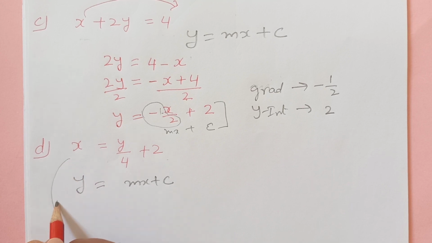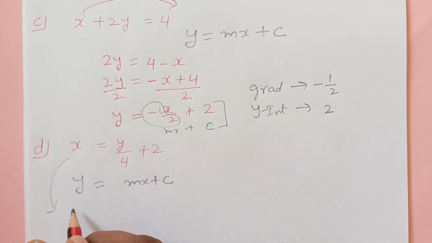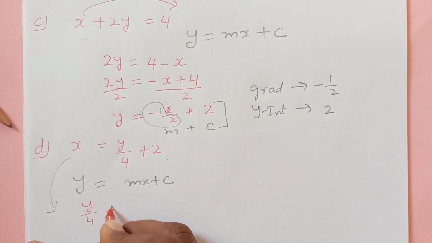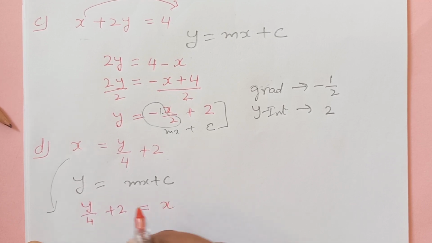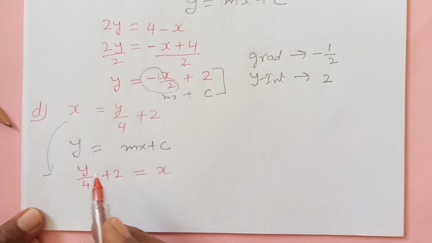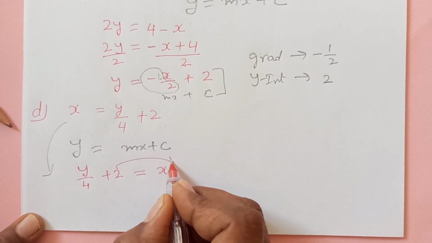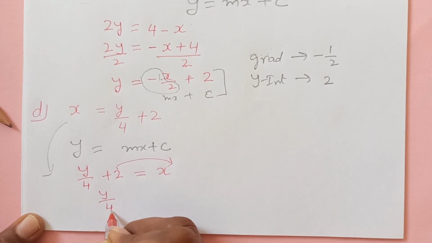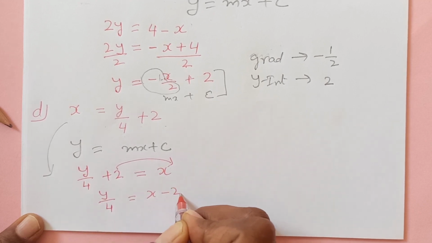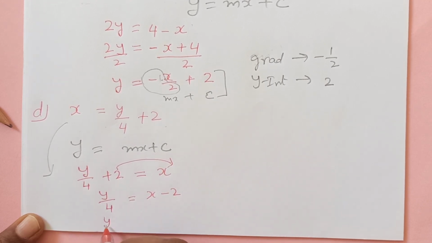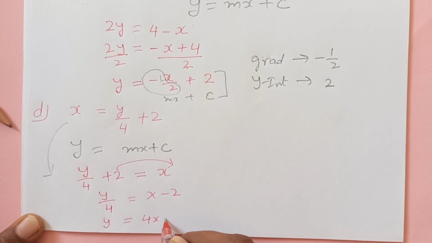I can just write it down with the left hand side first, because we need y and we have x. So I just swapped the sides, no sign change. Then we will move one by one. Y over 4 is equal to x minus 2. Now you multiply this 4 to the other side. It will become 4x minus 4 times 2, which is 8.